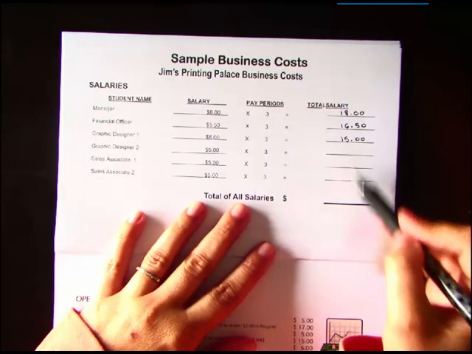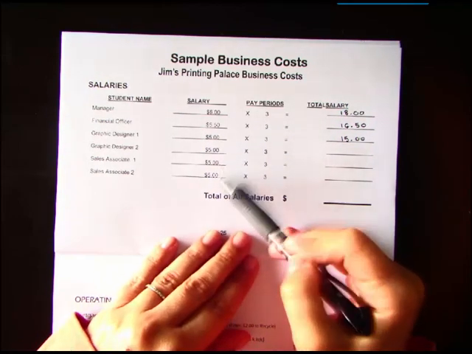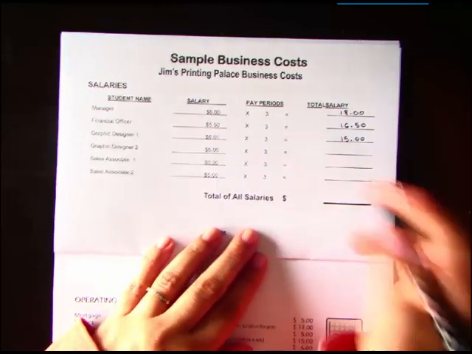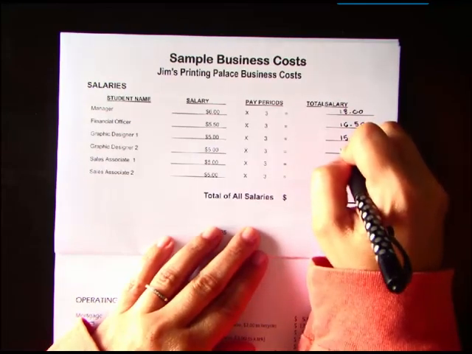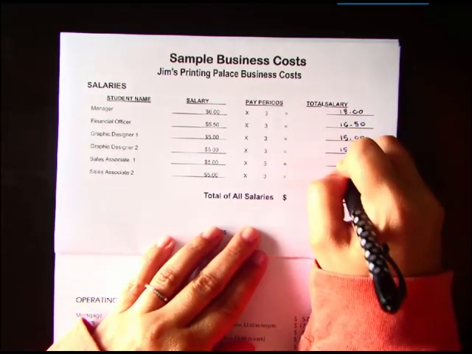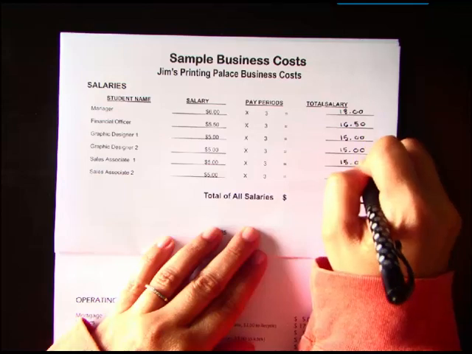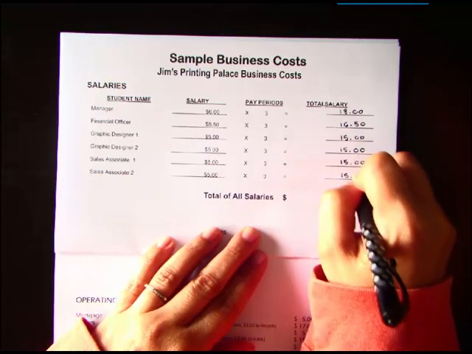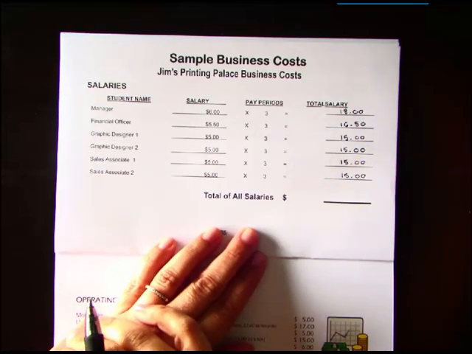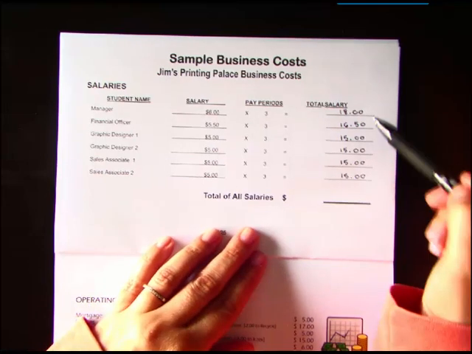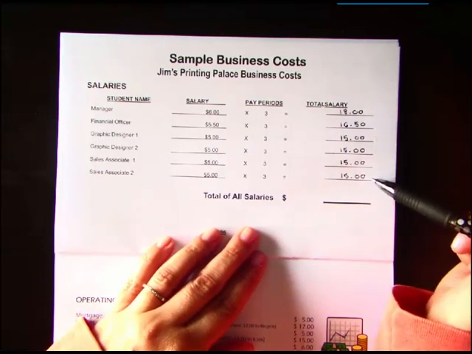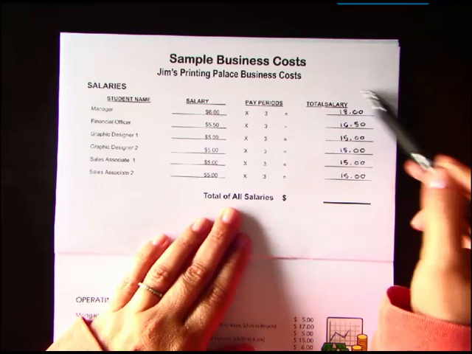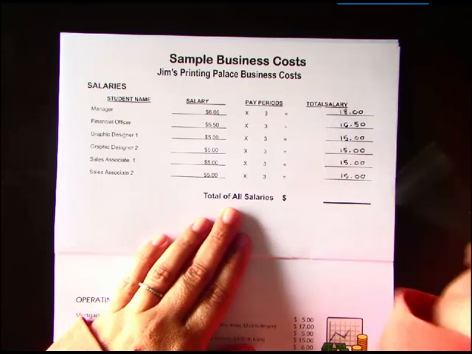Okay, go ahead and fill in the other ones because they also have $5 getting paid 3 times. So these last 4 jobs, they all get paid the same. Okay? So now we know what each person makes total, but we need to find out what all of these people together make.